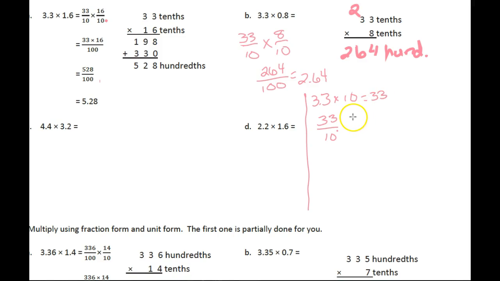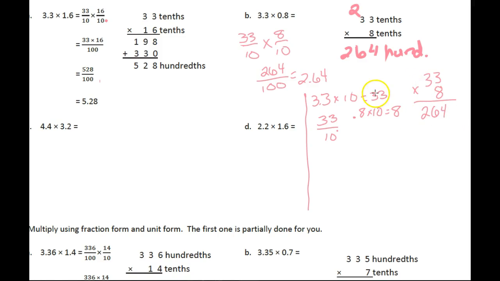And then the other one, if I have 8 tenths and I multiply it by 10, I'm going to end up with 8. And now what I can do is go 33 times 8. I just have to remember what I multiplied by, because I'm going to have to undo that at the end.